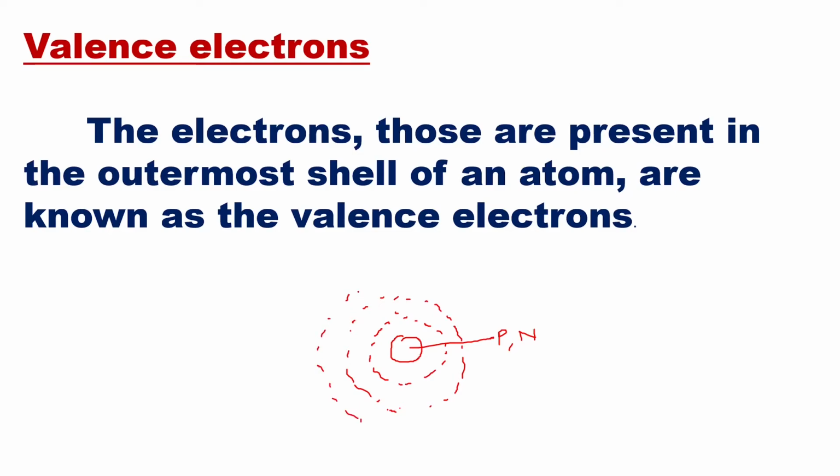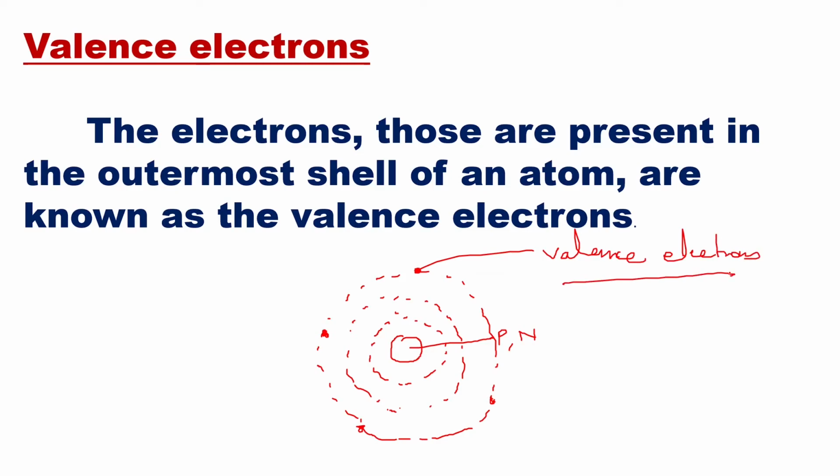The definition of valence electron says that whichever the last orbit is, that is called the outermost orbit. The electrons in that outermost orbit of an atom are called valence electrons. This is an important thing before we go to study what a valence band is. So the definition of valence electrons is that the electrons present in the outermost shell, that is the outermost orbit of an atom, are called valence electrons.